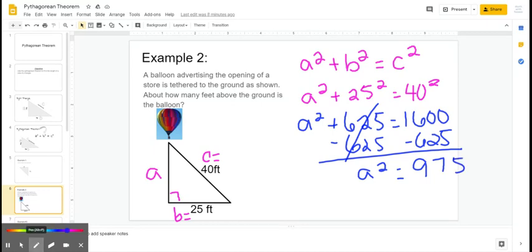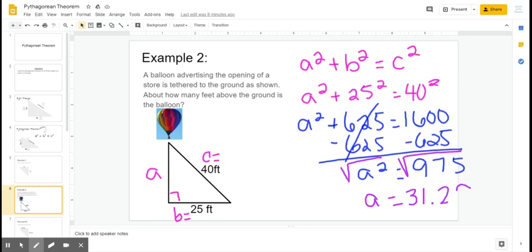I have a squared is equal to that, so I need to figure out what the square root of it is. Again, the square root cancels out the square, so that'll leave you with just a. The square root of 975 is about 31.2. And this is feet that we're talking about.